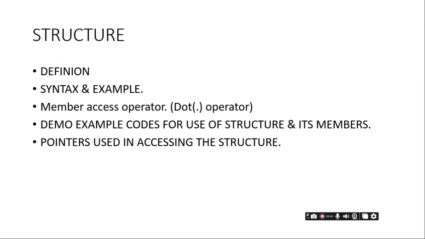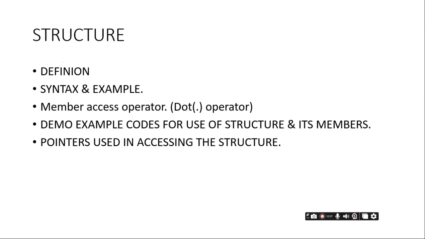Now, structure is what? It is a collection of already predefined data types, members, or elements within one user defined new data type. This is technically defined as, or called, or termed as structure.